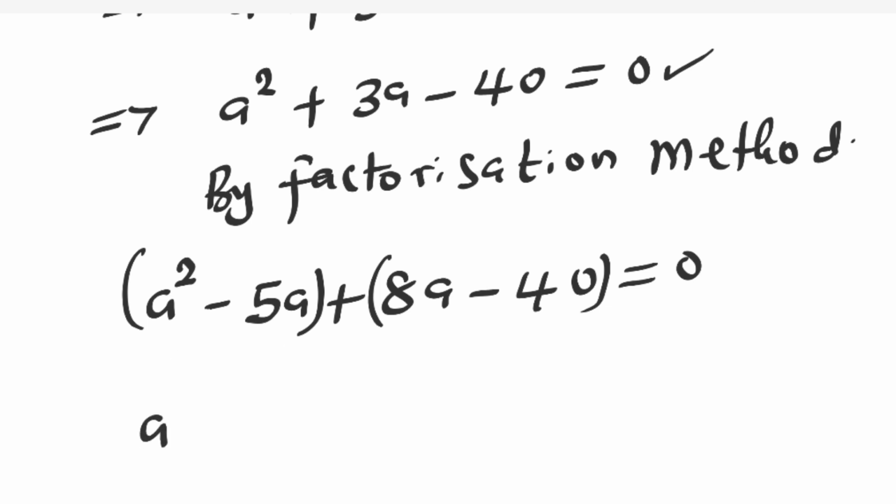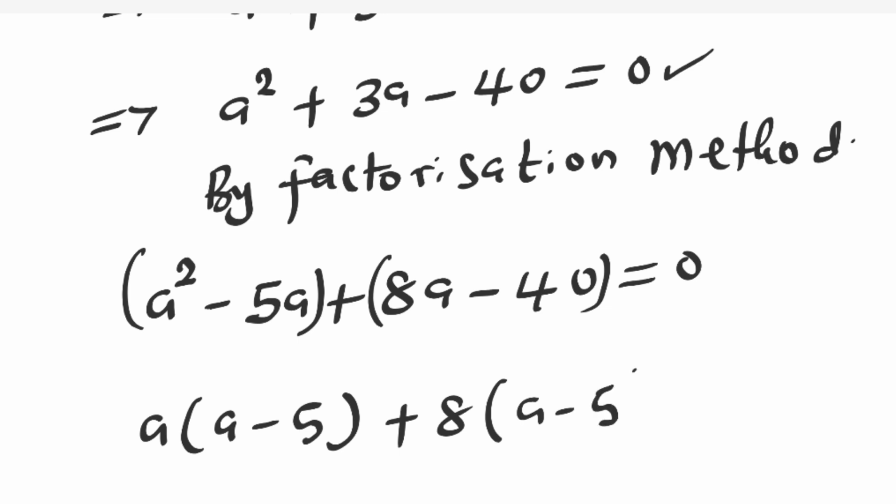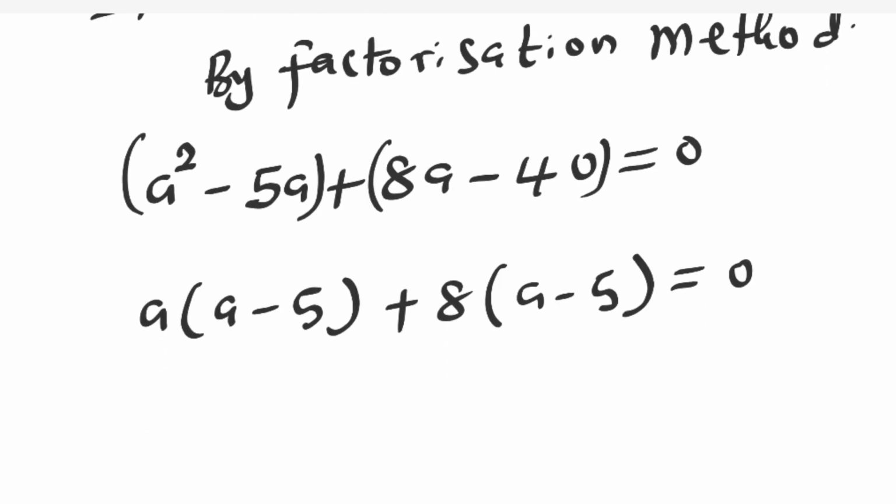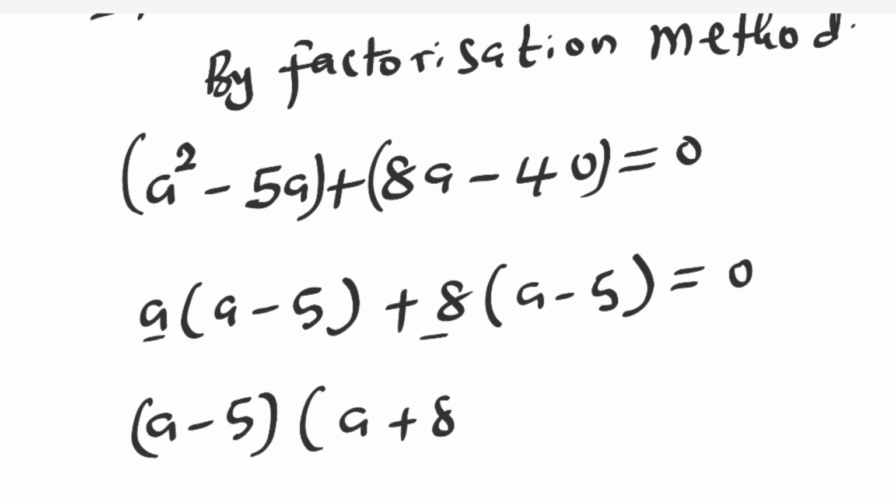We have a bracket a minus 5 plus here 8 bracket a minus 5 is equal to 0. Then here a minus 5 is common. We have a minus 5 bracket, here is a plus 8. We have a plus 8 is equal to 0.